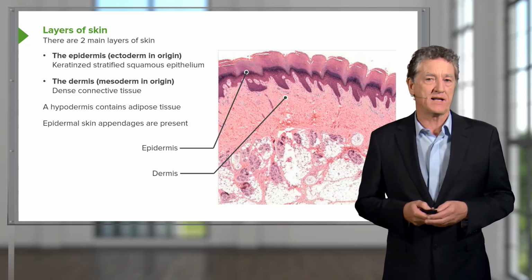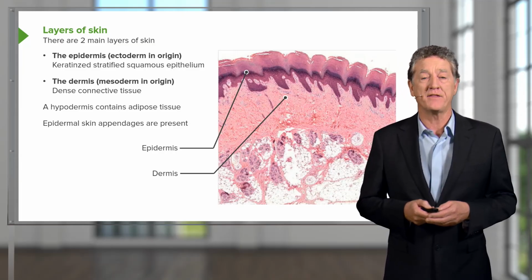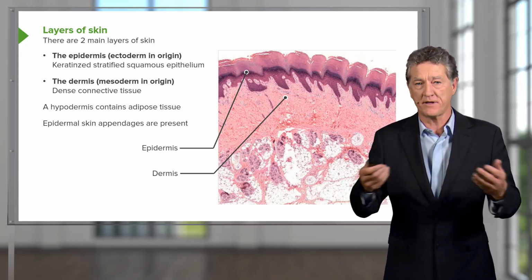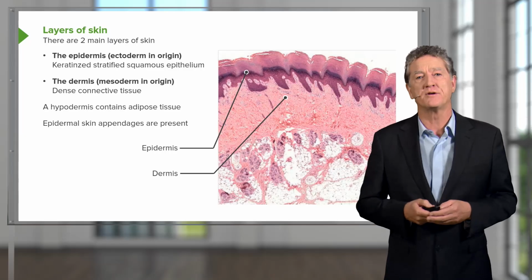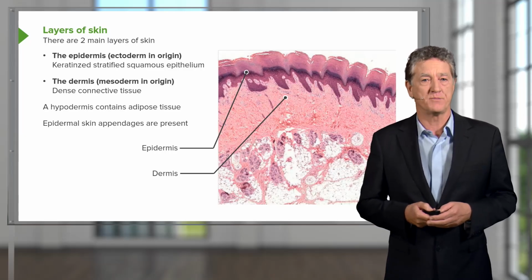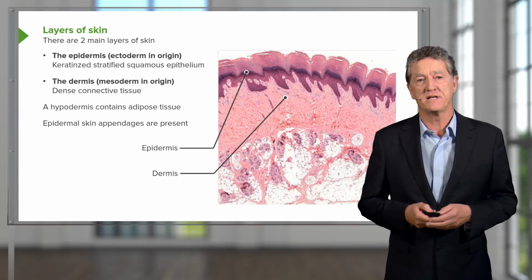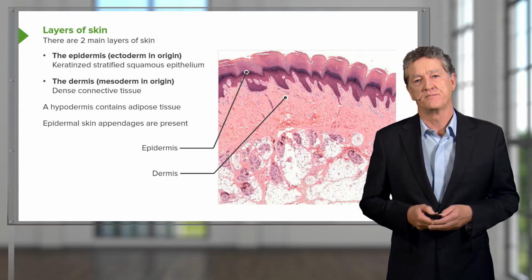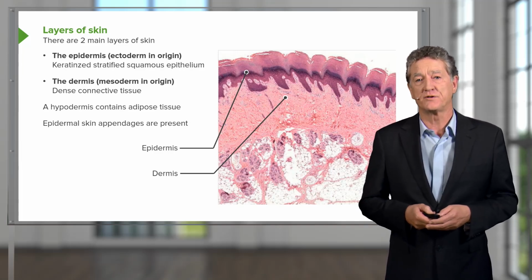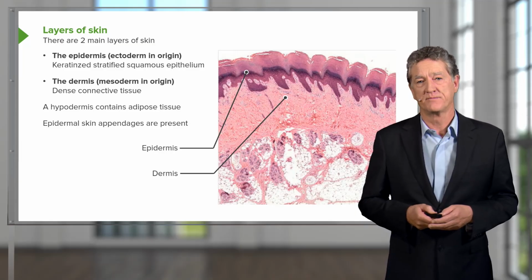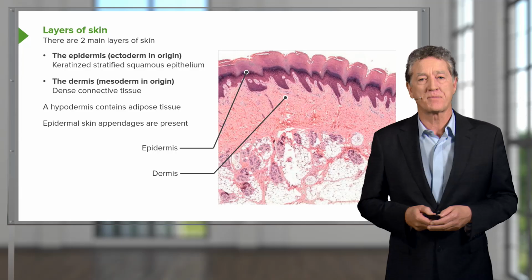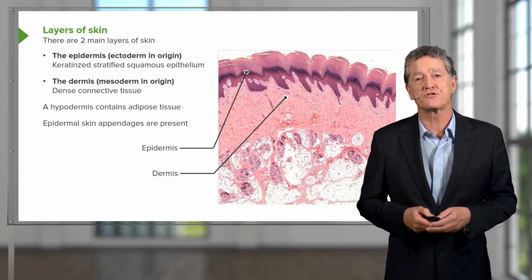So the two main layers indicated here are the epidermis, the epithelium, which is derived from ectoderm, and the underlying dermis, which is derived from mesoderm. The dermis is dense connective tissue. When you look at it, it's very pink stained because it's full of connective tissue fibres. And that dermis supports the epithelium and makes our skin very strong.